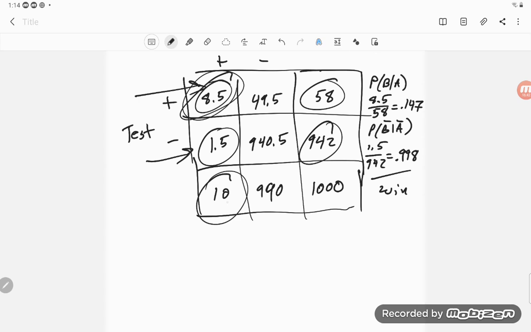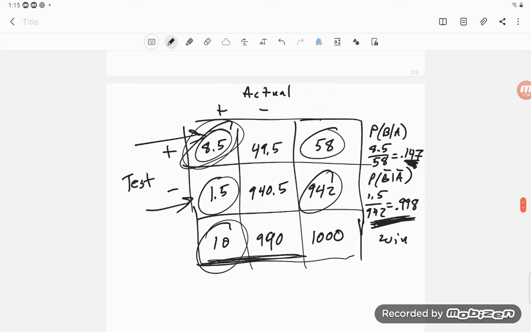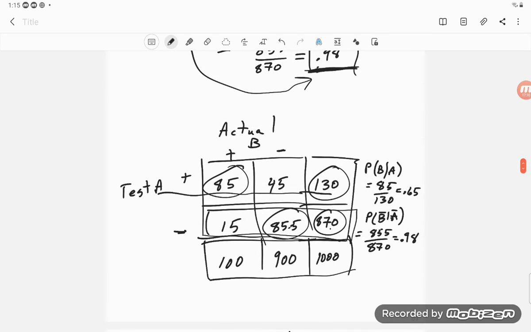But it turns out if what you're testing for is somewhat rare in the population, that positive test isn't really going to tell you that much. But on the other hand, a negative test will tell you a ton. Okay, so there's an example with Bayes' theorem and taking it through some different possibilities.